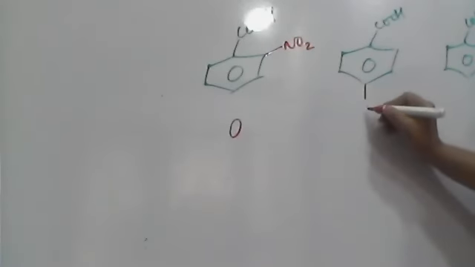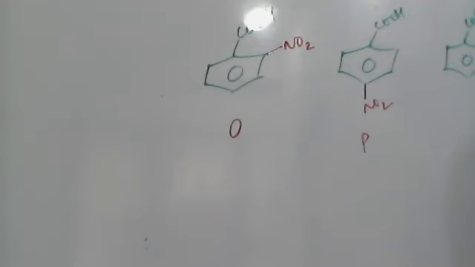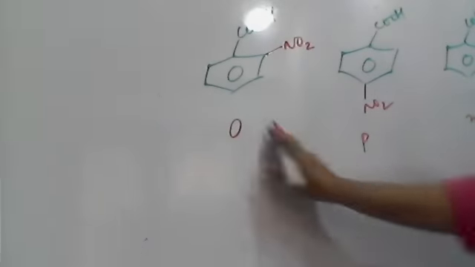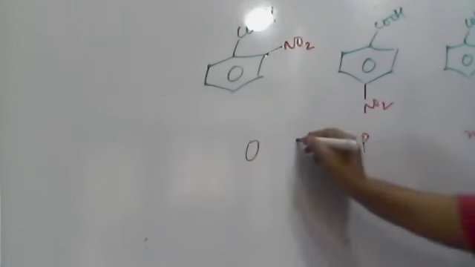Here it is the para isomer, and next it is meta-nitrobenzoic acid. So the simple order: the ortho isomer is stronger acidic than the para, than the meta.